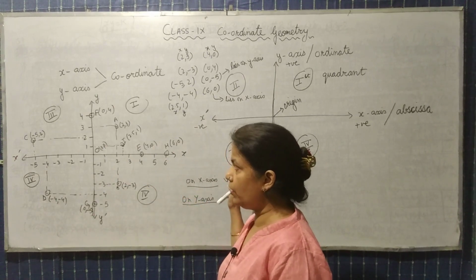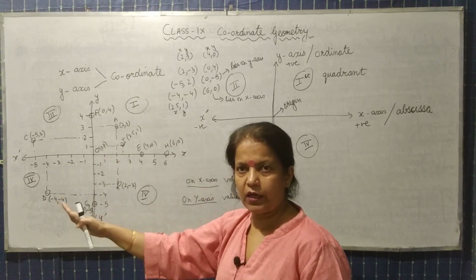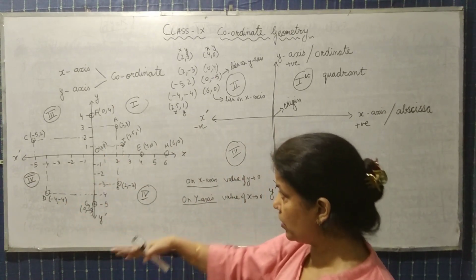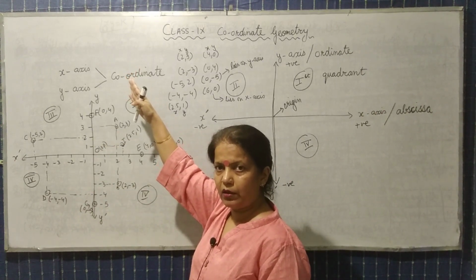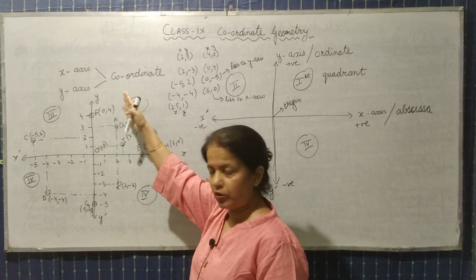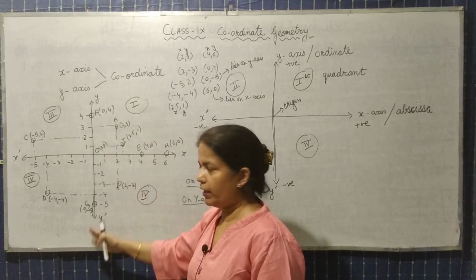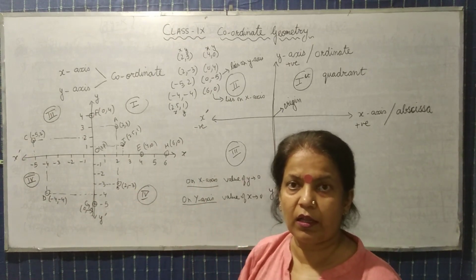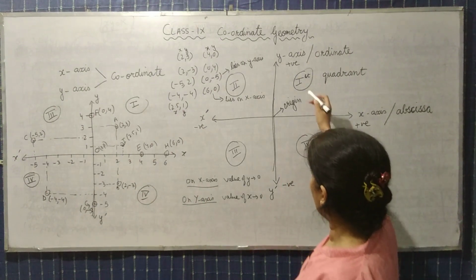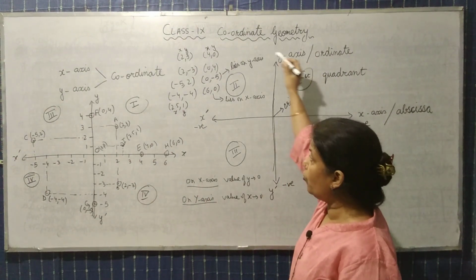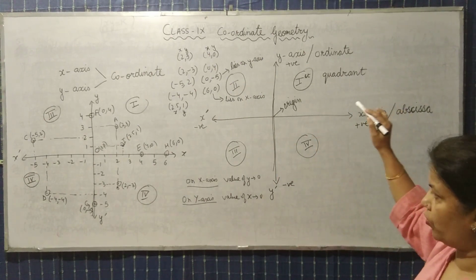On the right side the horizontal line is positive x and on the left side the horizontal line is negative x. Same way the upper vertical line is y axis positive and the lower line from the origin on y axis is negative. And how many quadrants are there? There are 4 quadrants and always start from here and go anti-clockwise. Okay, anti-clockwise you have to go.